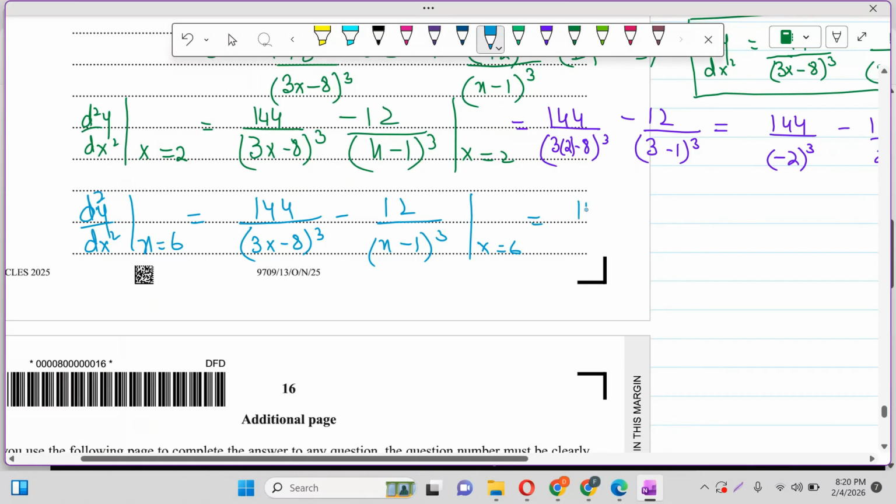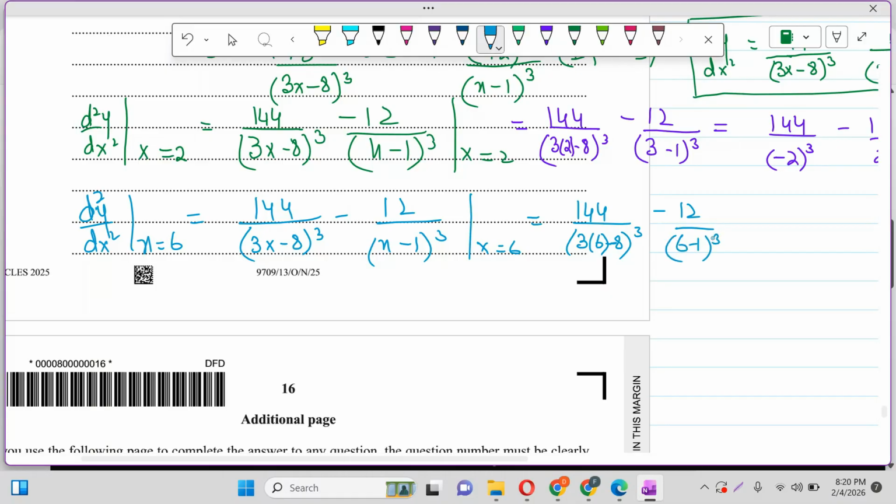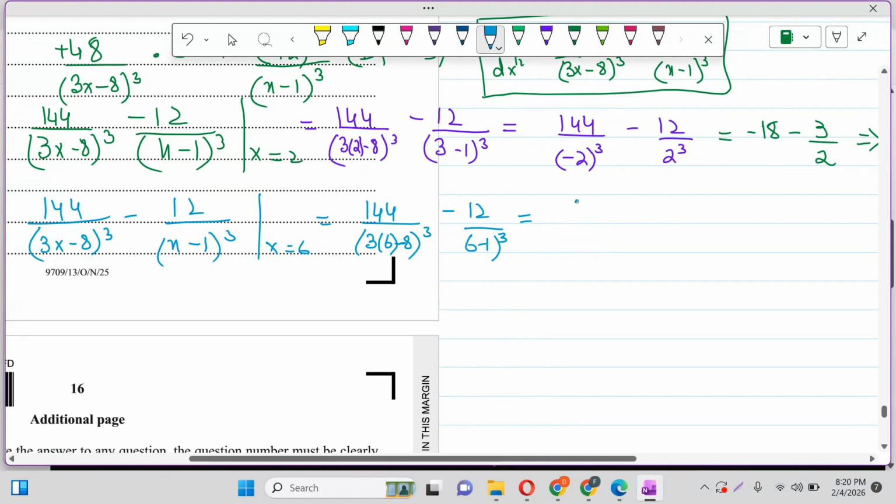Further solving, we will have 144 over (3 times 6 minus 8) whole cube minus 12 over (6 minus 1) whole cube, and this one is equal to 144 over 10 cube minus 12 over 5 cube.